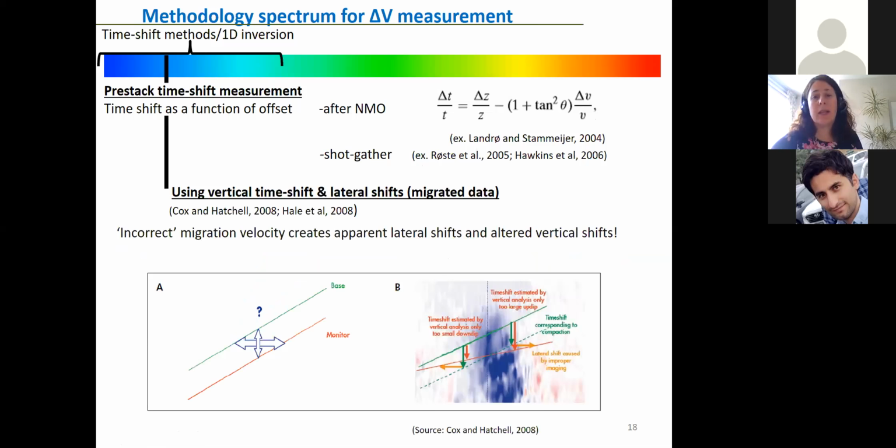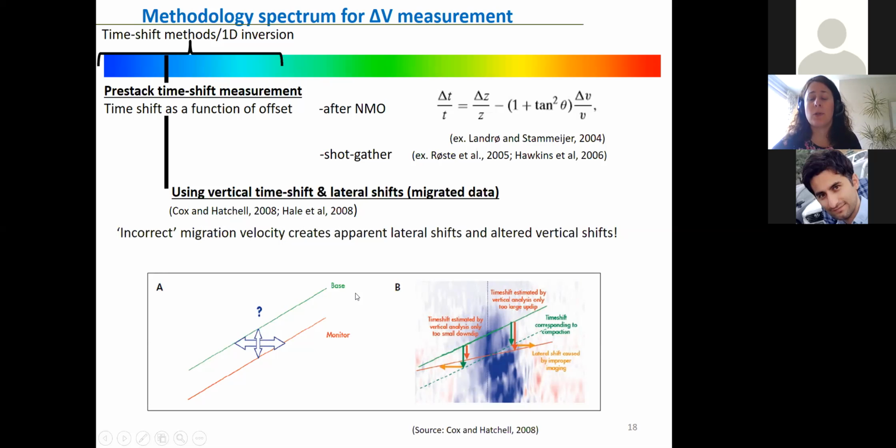Now, another thing I want to mention is this effect of complex geology. In this case, I will just briefly mention the effect of dipping geology in time shifts. And this is from the work of Cox and Hatchell and Hale et al.